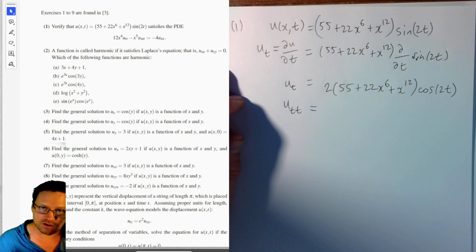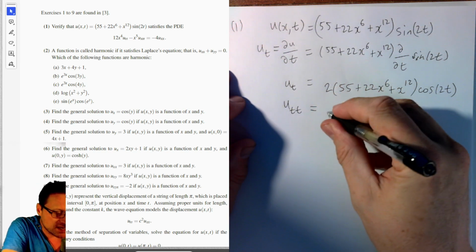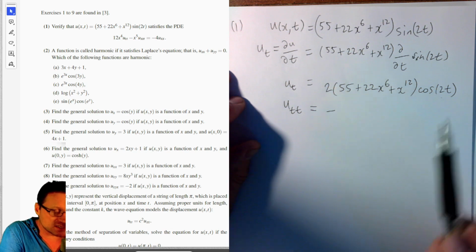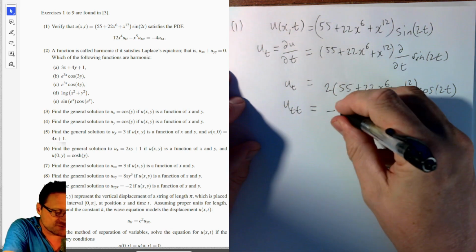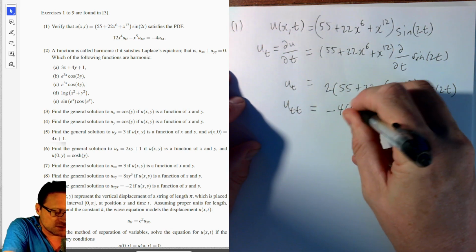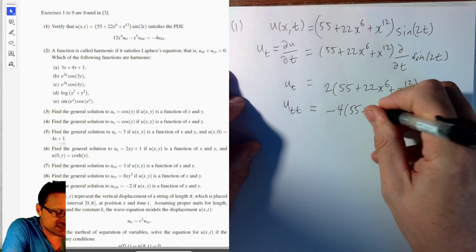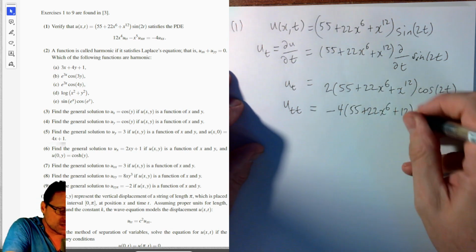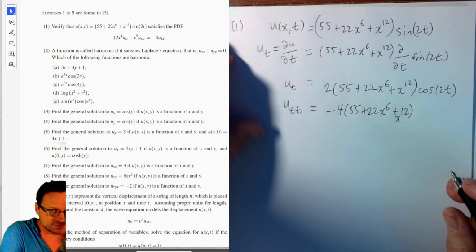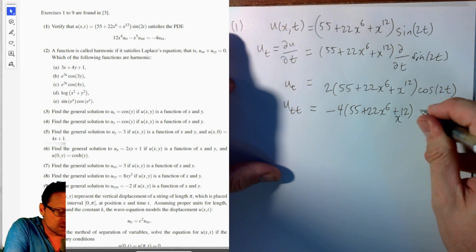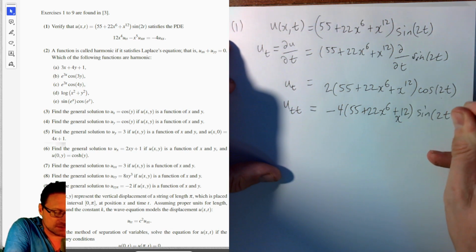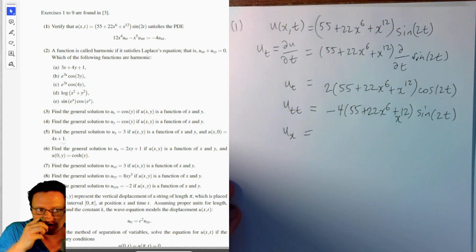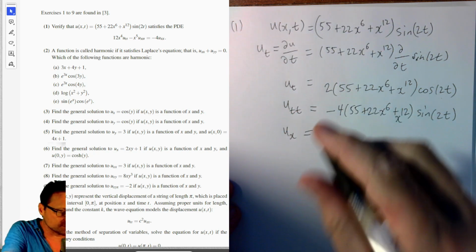Now, the derivative of cos is minus sine, so we end up with minus the derivative of 2t with respect to t, which is 2, so 2 times 2 is 4, so minus 4, 55 plus 22x to the 6th plus x to the 12th, sine of 2t.